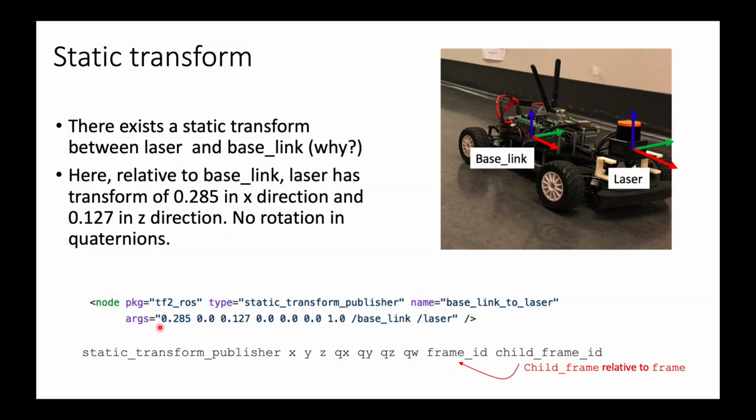And that transformation is 0.285 in the X direction right here, and 0.127 in the Z direction, and everything else was 0. Okay, so this is how we describe a static transformation.